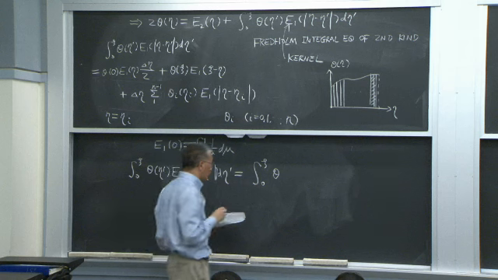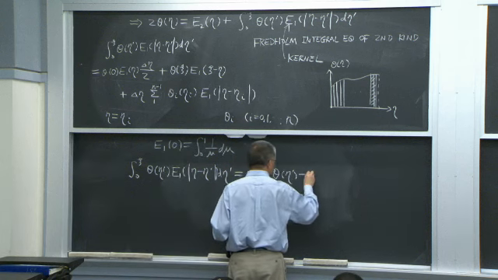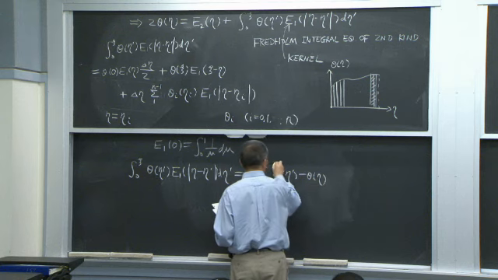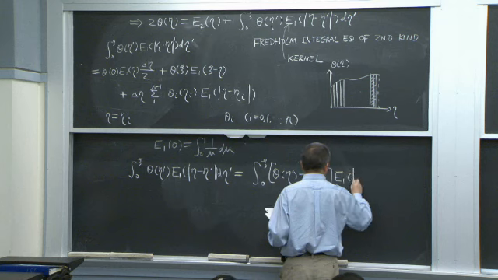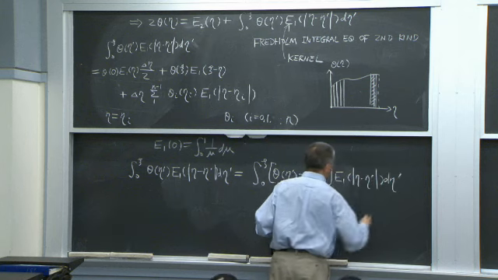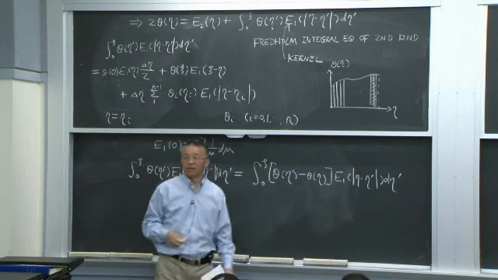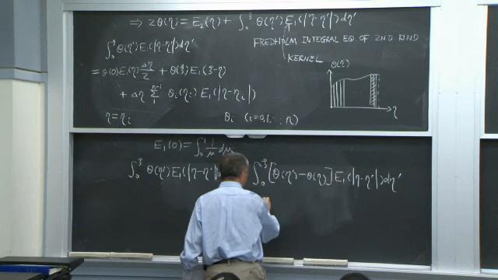So I don't do that integration as is. I do theta eta prime minus theta eta, times E1 of eta minus eta prime d eta prime. So I subtract that theta eta. And of course that means I will need to add that back.